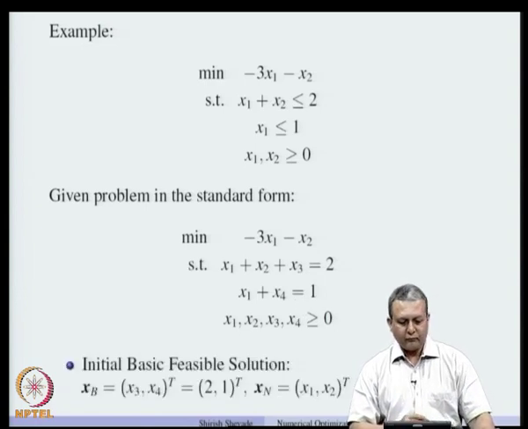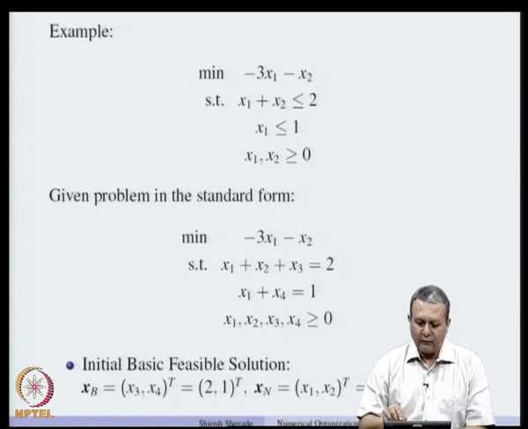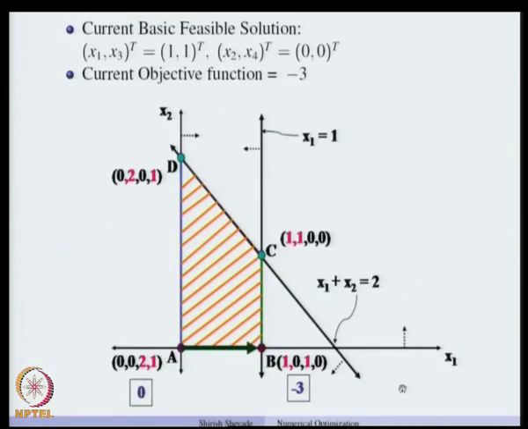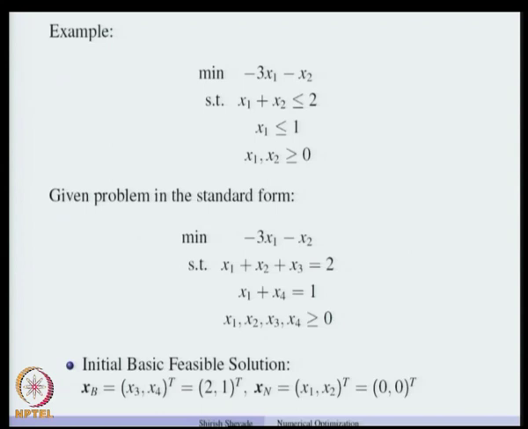Now, from this constraint we can easily find an initial basic feasible solution, which is x3 equal to 2 and x4 equal to 1 and x1, x2 are 0. So, x3 and x4 become basic variables and x1 and x2 become non-basic variables, and x1 and x2 are 0, as is seen here.